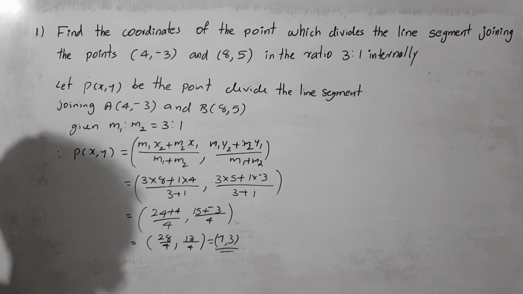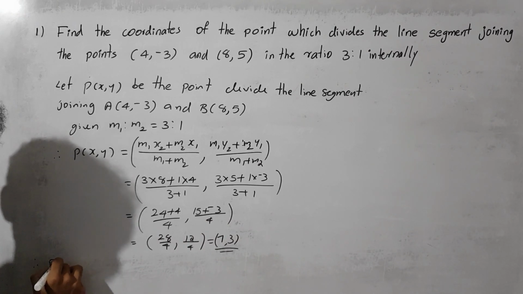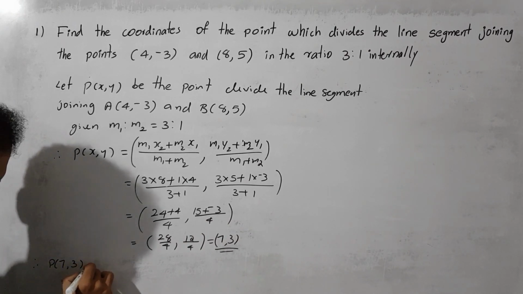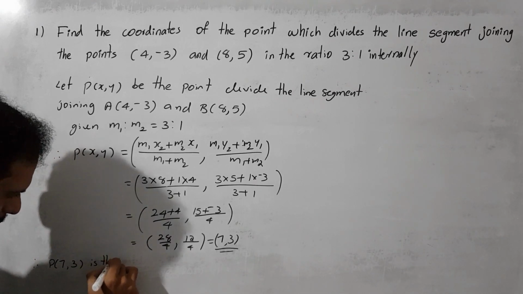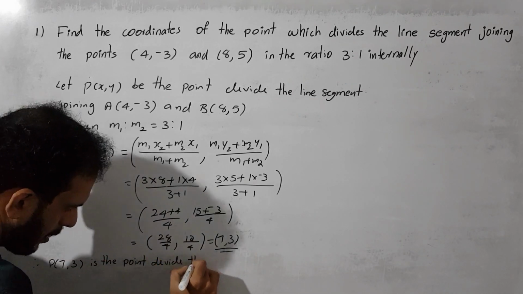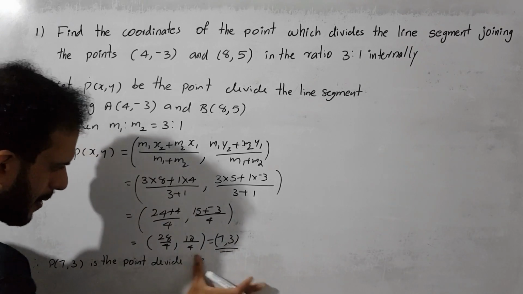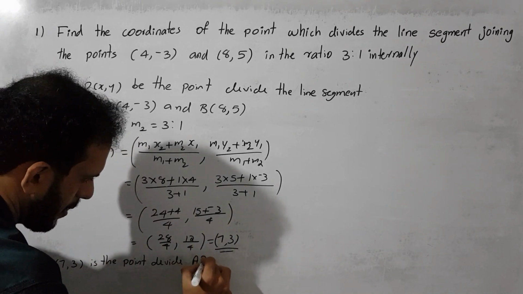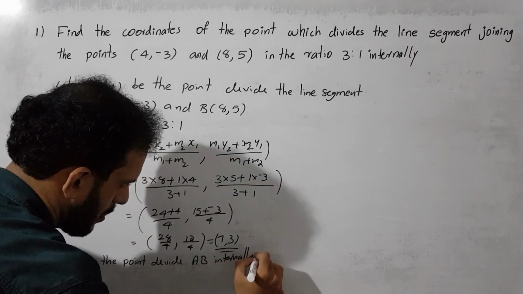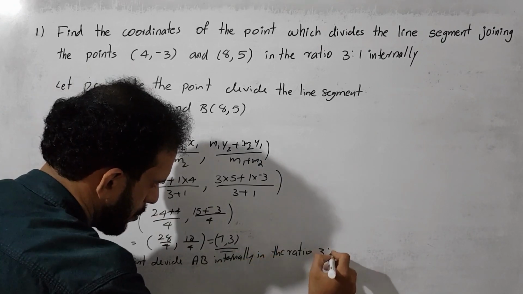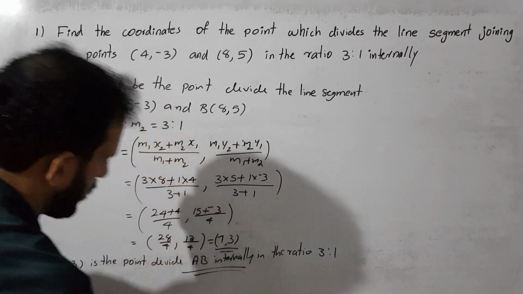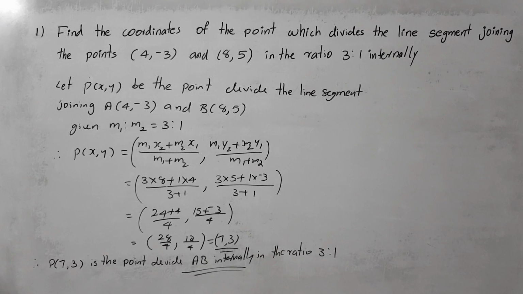Okay, then we write, therefore (7, 3) is the point dividing AB internally in the ratio 3 is to 1.